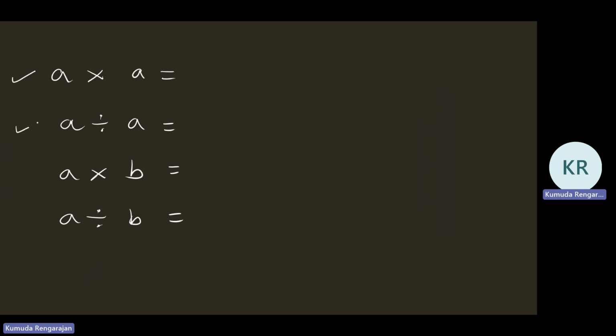Now let's try to say the rules. Here, bases are same: A into A, A divided by A. Bases are different: A into B, A divided by B. This is the question, and the answer we'll fill later. In the first two cases, bases are same, A, A, multiplication, division. In the third and the fourth case, bases are different, A, B, multiplication, division.